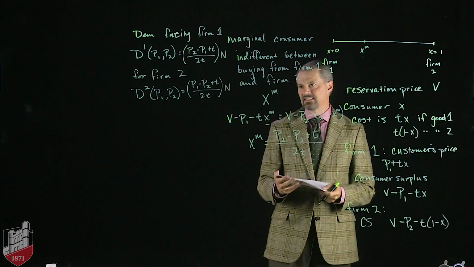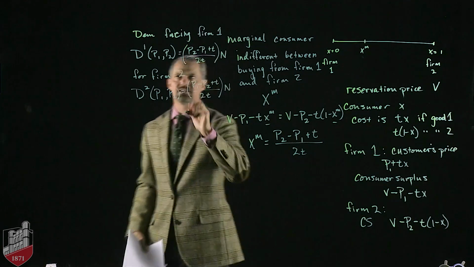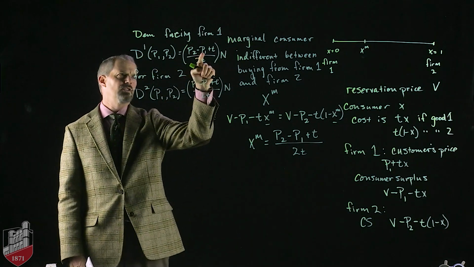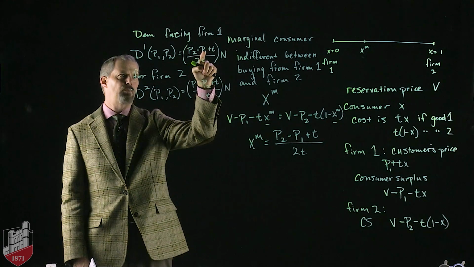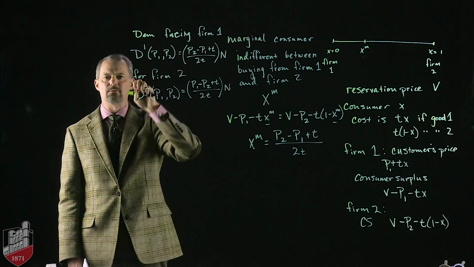This makes sense if you think about the signs here. Let's think about demand for firm 1. Notice that if you increase firm 1's price, because it shows up with a negative sign, quantity demanded from firm 1 goes down.